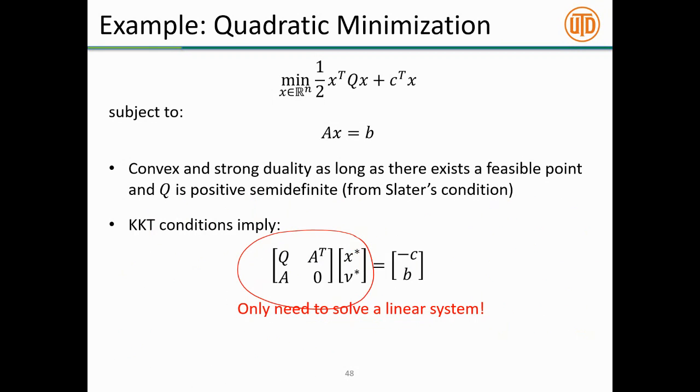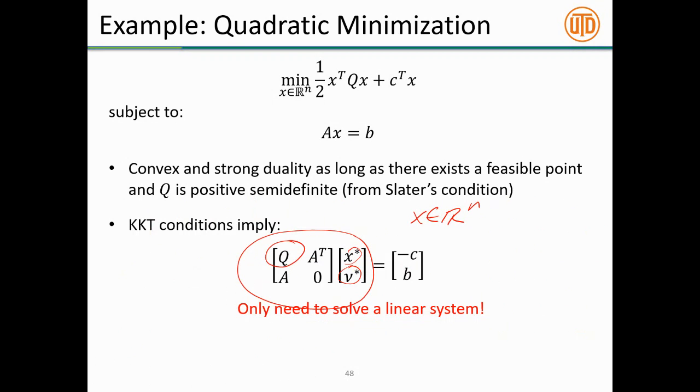Writing things in this block multiplication form is a pretty standard thing to do with matrices. The only thing that you need for this to make sense is that these individual components of these vectors have to be the right size to multiply times the other matrix, right? So as an example here, x is an n-dimensional vector, right?